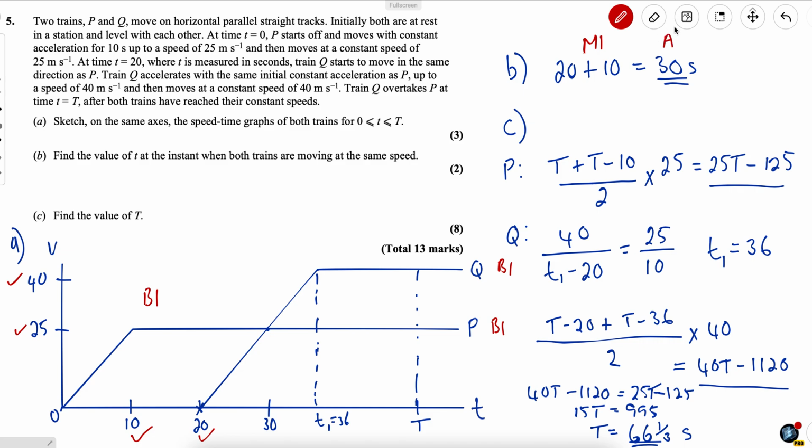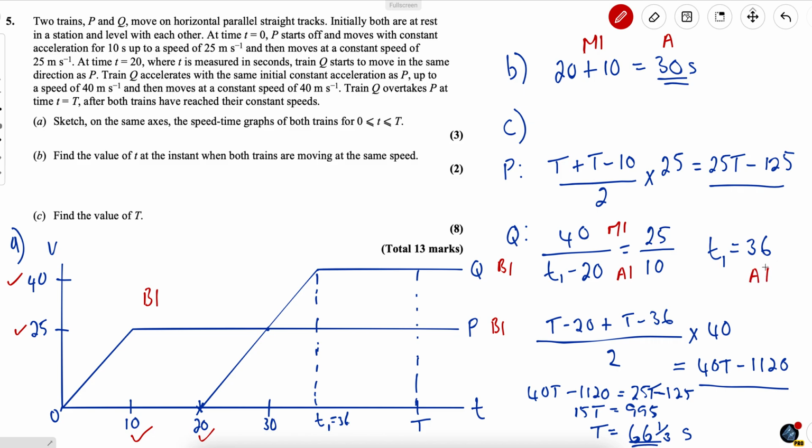For part C, just looking at the mark scheme, if I go down to this bit where we've worked out the 36, there's a method mark for making an equation to work out the 36, and an accuracy mark for that being fully correct. So if it's an obvious attempt to make that equation, you'll get that method mark, even if there's a small error. And then an accuracy mark for 36.